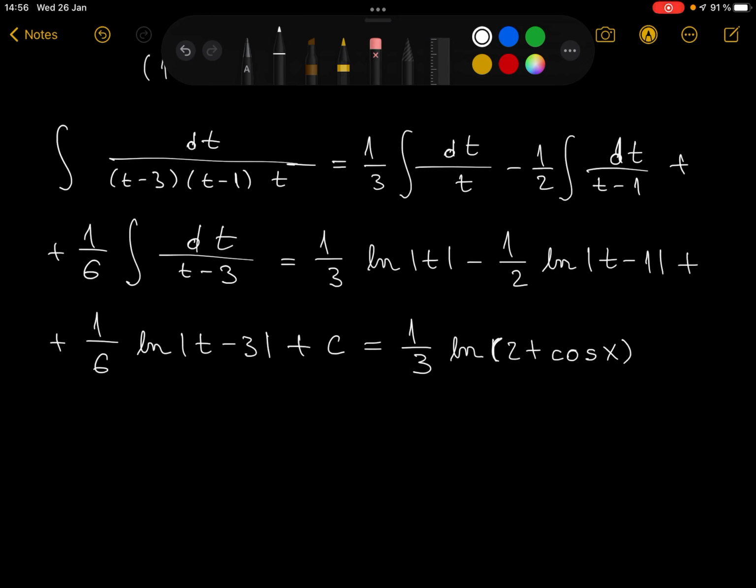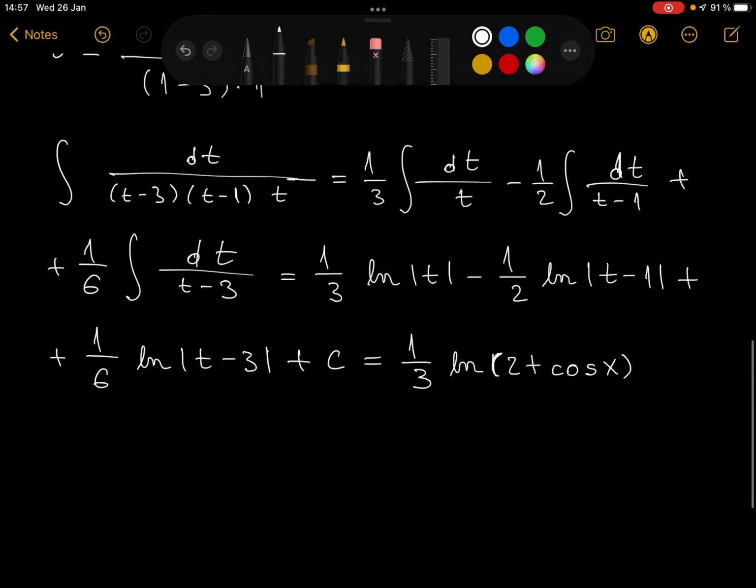And we don't need the absolute value bars anymore because 2 plus cosine x must be a positive value. Why? Because the minimum value that the cosine of x can have in the real world is -1. And in that case, we would just get ln of 1, which is 0, but it is still defined.